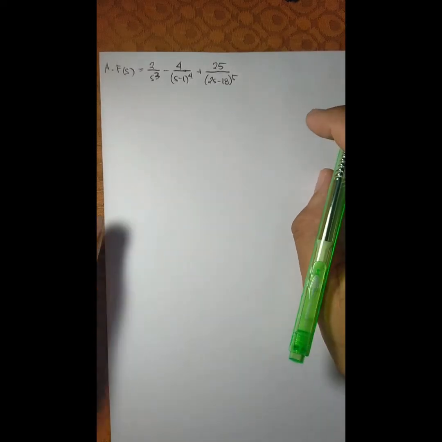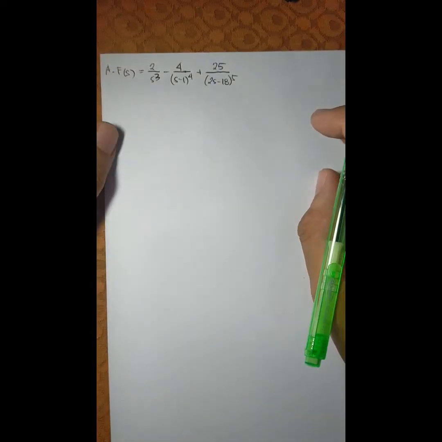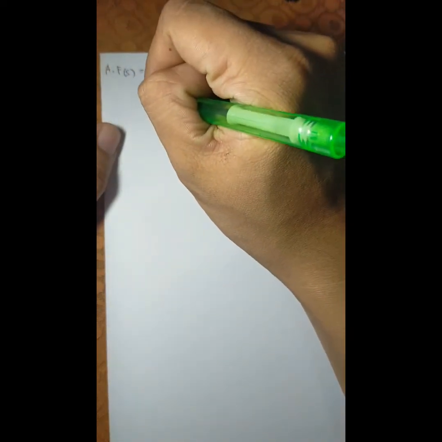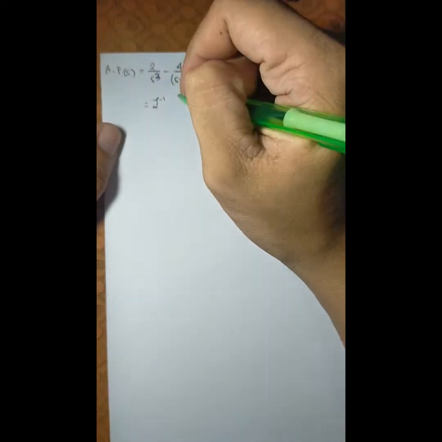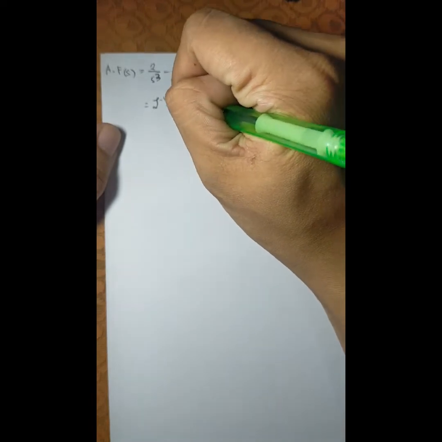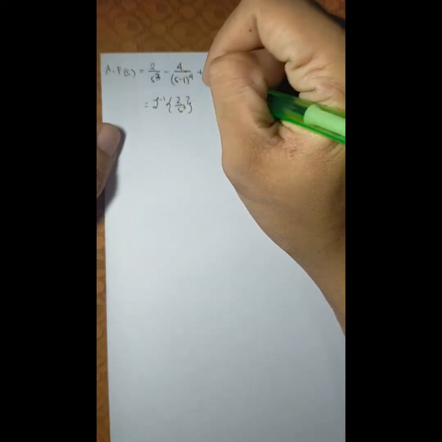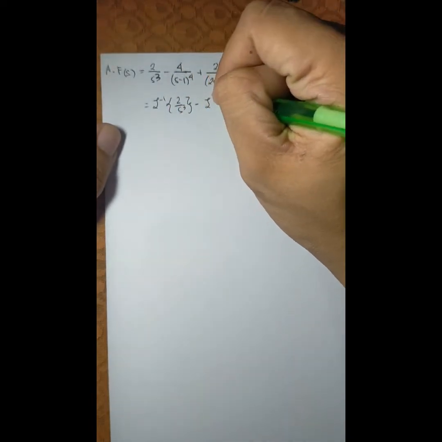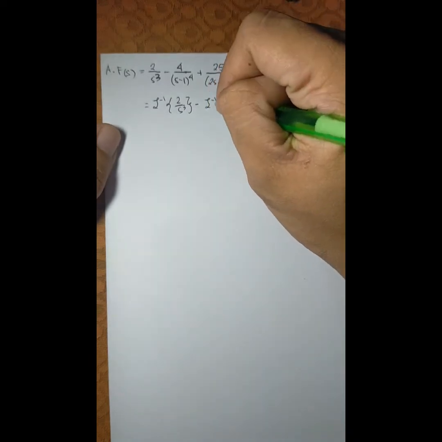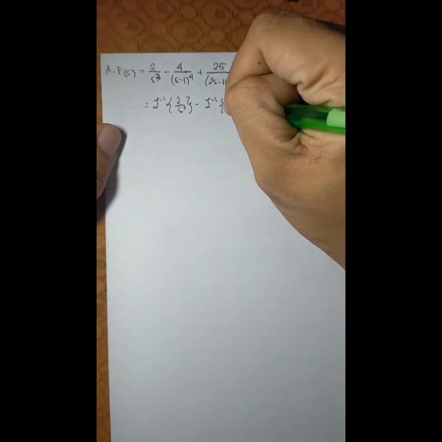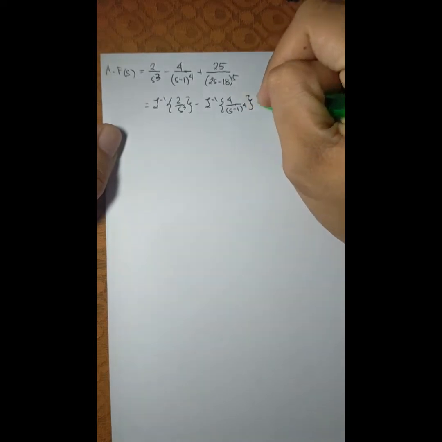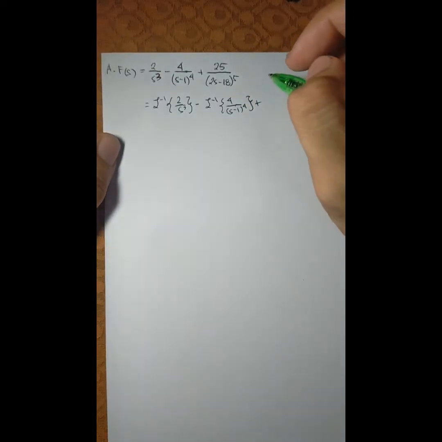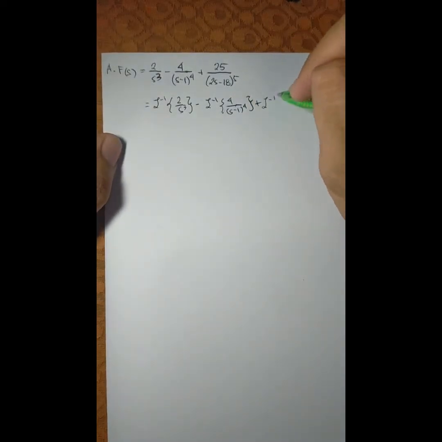So in order to get the inverse Laplace transform, we have the inverse Laplace transform of 2 over s cubed, minus the inverse Laplace transform of 4 over (s minus 1) raised to 4, plus the inverse Laplace transform of 25 over (2s minus 18) raised to 5.